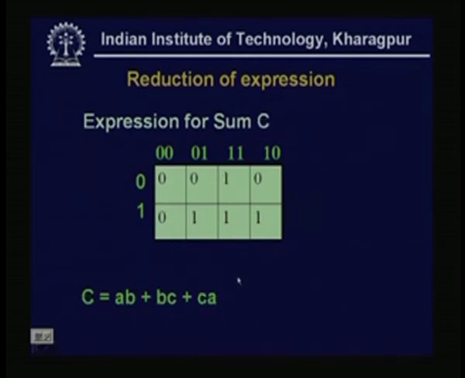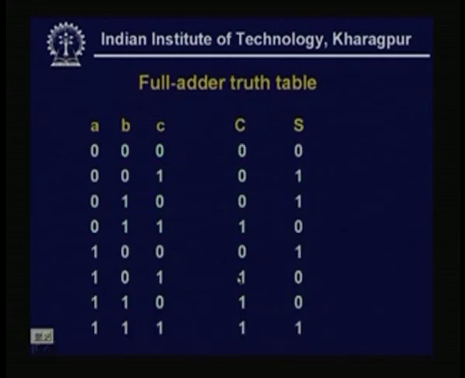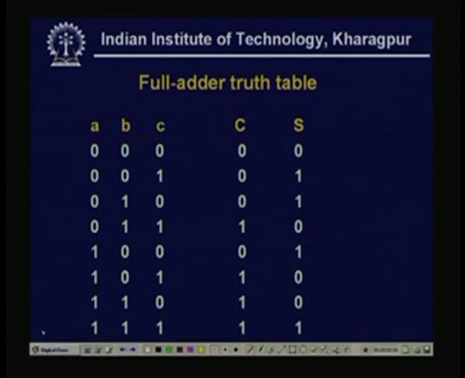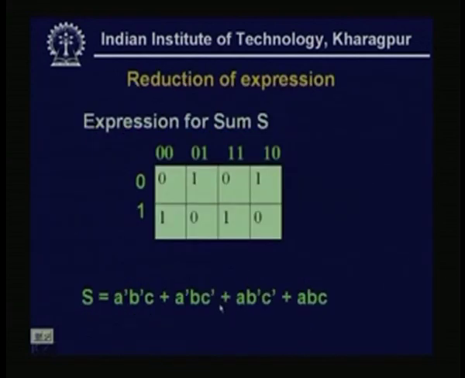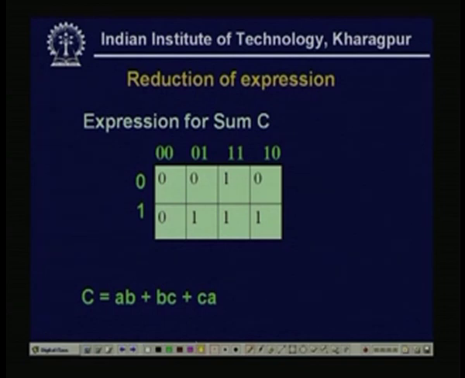Now, what will be the carry? Again, from the truth table, for which values will the carry be 1? For 3, carry will be 1, then 5, 6, 7. So, 3, 5, 6, 7.